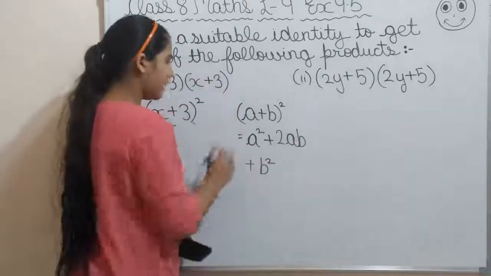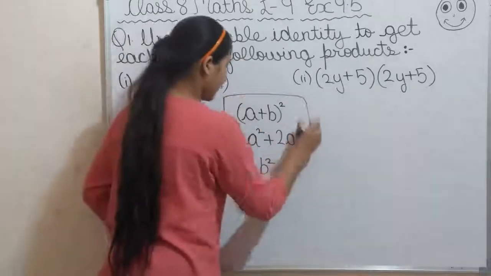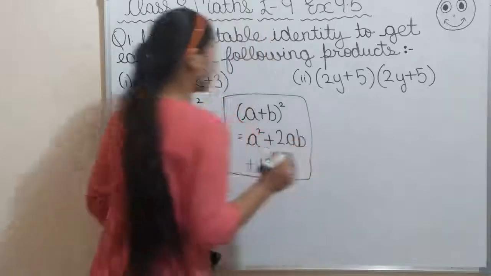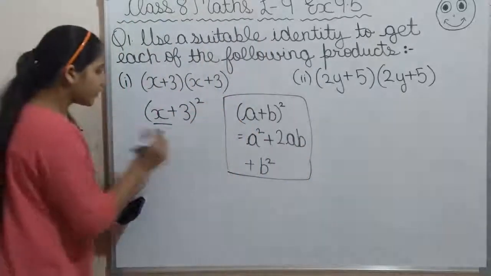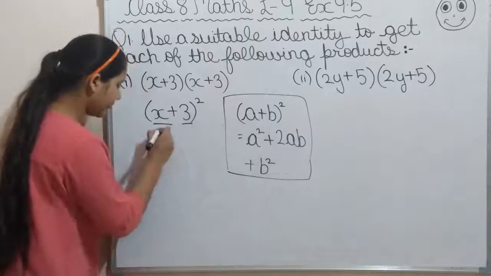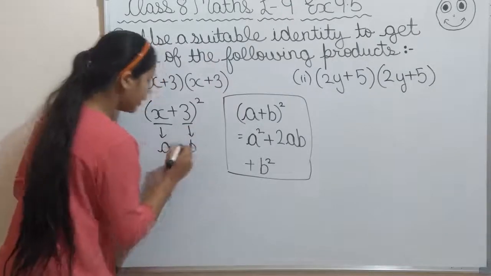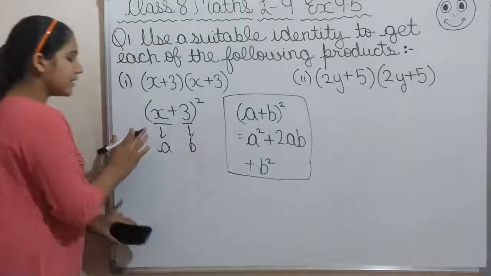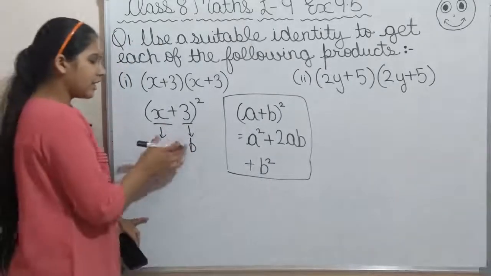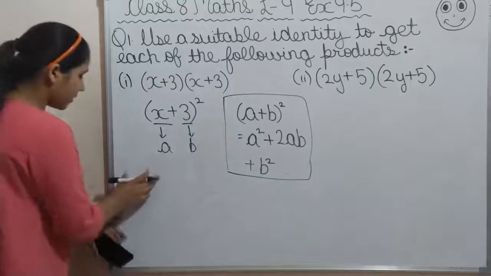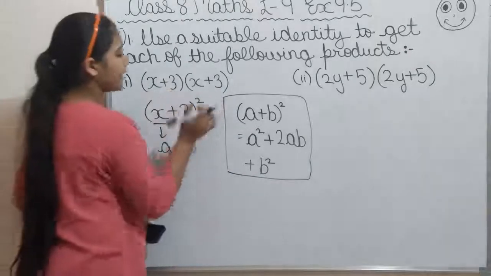This is the identity we are going to use. For this we have to find a and b. So x is a and 3 is b.